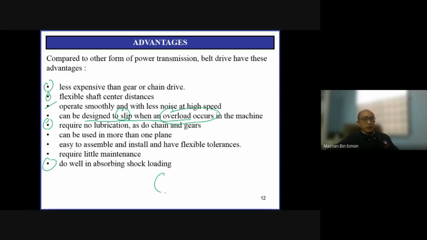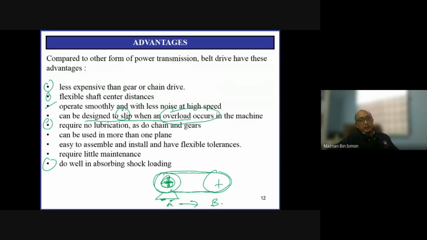If you look at the pulley and belt, let's say this is the input of the motor, it has a motor, so there is a pulley. Let's say this motor vibrates, and the other shaft is connected using a belt. So whatever vibrates at point A won't be transmitted to point B by having this belt.